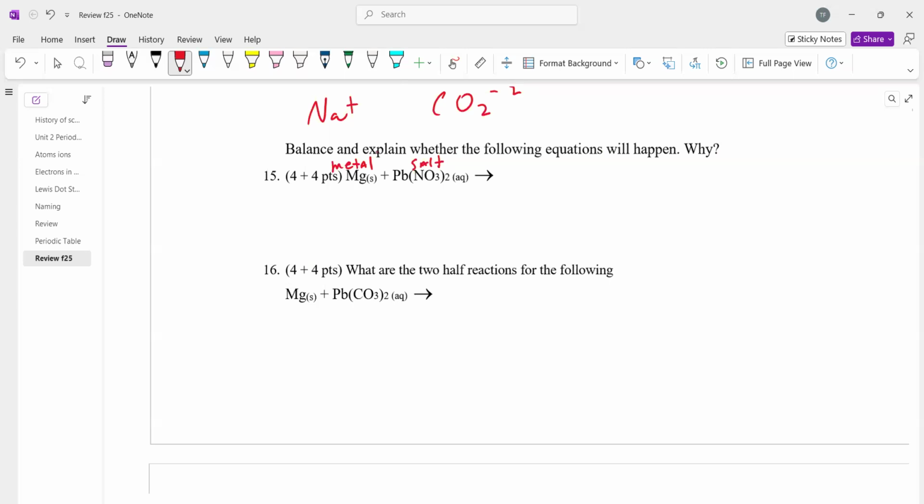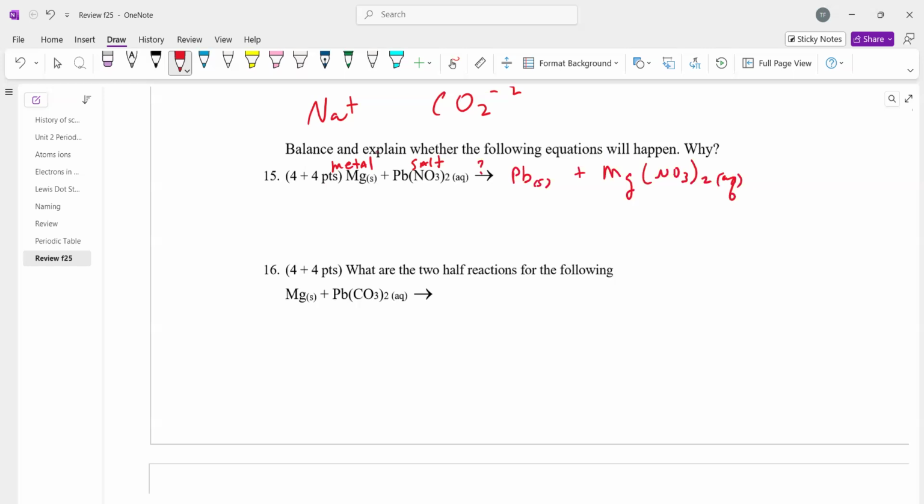Okay, that means the magnesium and the lead swap. So we end up with Pb plus magnesium nitrate, aqueous.